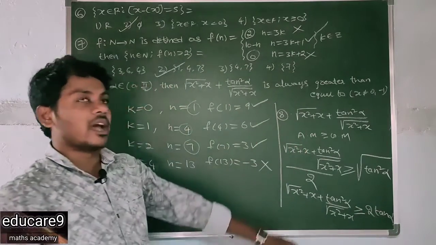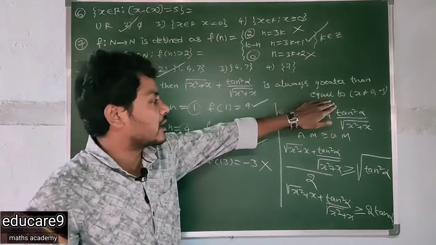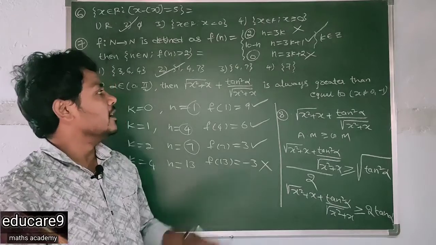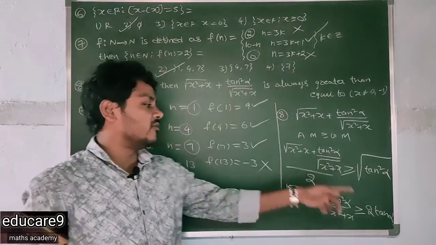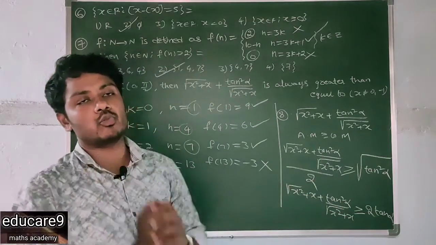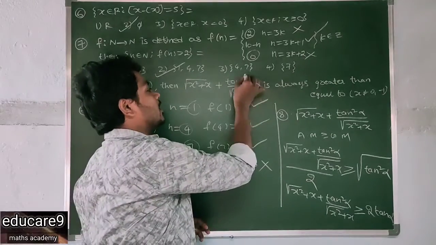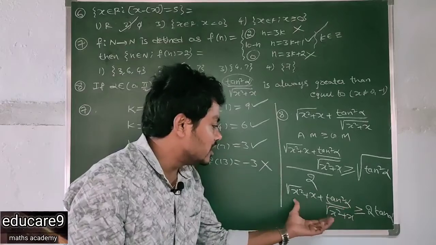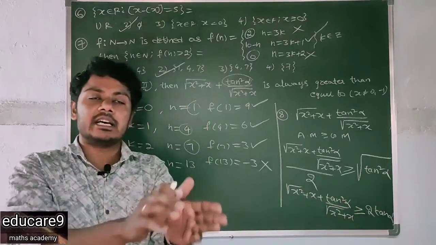So this value is always greater than or equal to 2 tan alpha. If sin square alpha is there, then the value is greater than or equal to 2 sin alpha. For example, tan alpha is equal to 1. In that case, this function is always greater than or equal to 2.